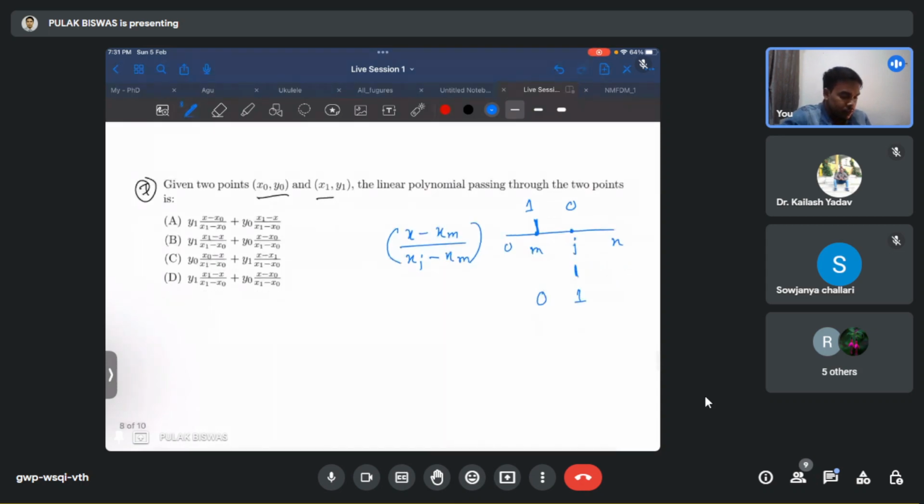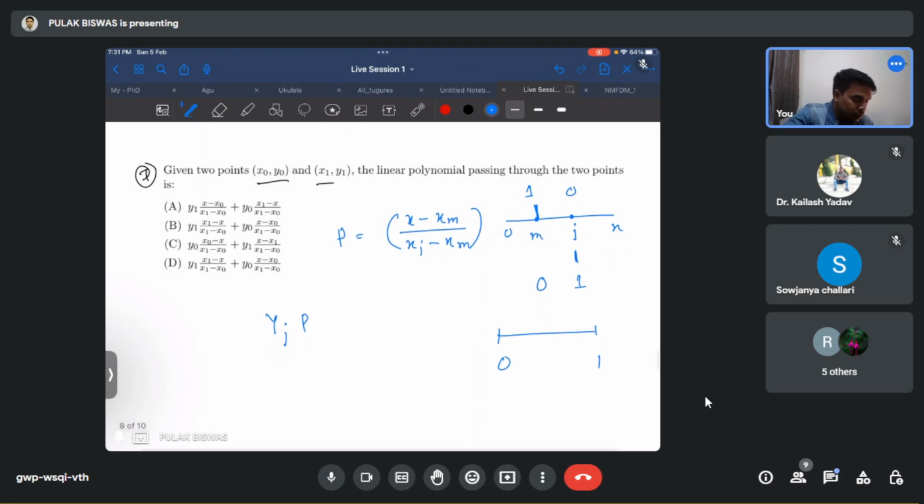And in this case, it is y times this polynomial. If I represent this with p, can you guess? Now it is 0 to 1. 2 points are there, 0 and 1 instead of m and j. So for 0 it is like y0.